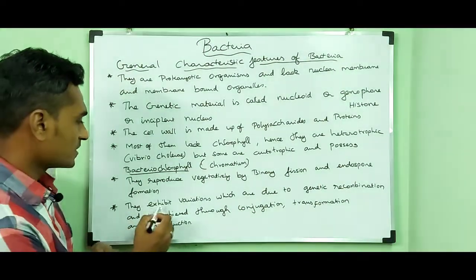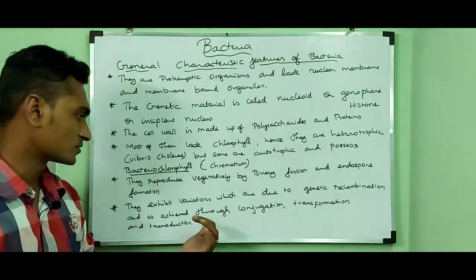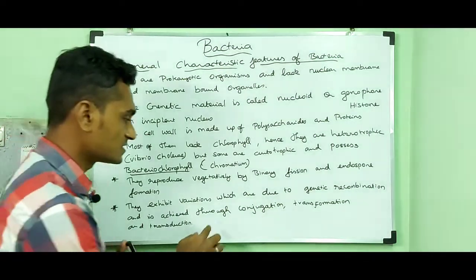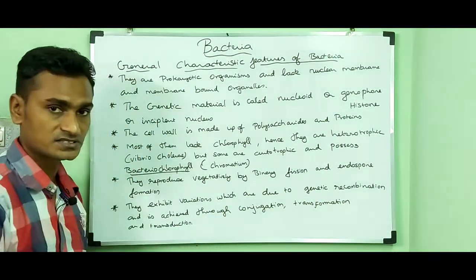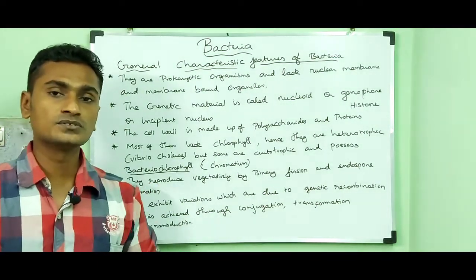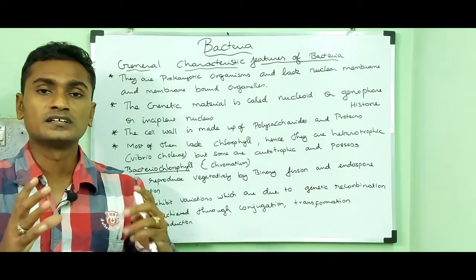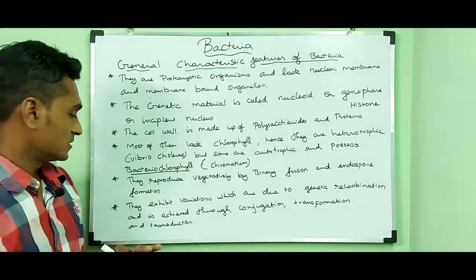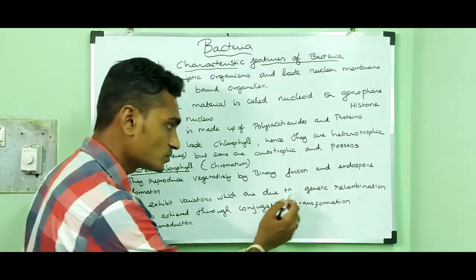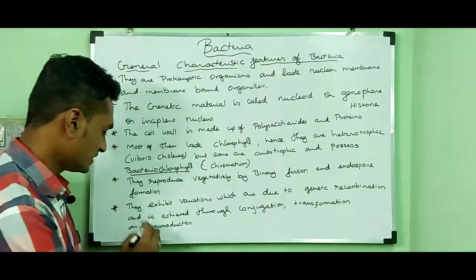Then they exhibit variation which is due to genetic recombination and is achieved through conjugation, transformation and transduction.